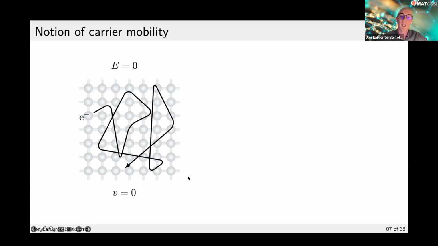But let's first imagine that we do not apply an electric field. As I was saying, this electron will suffer collisions with defects, with lattice vibrations, and so on. As a result, it will change its trajectory. On average, it will follow some kind of Brownian motion, and it will not be displaced, right? One can compute the mean velocity of this electron, and it will be 0 on average.